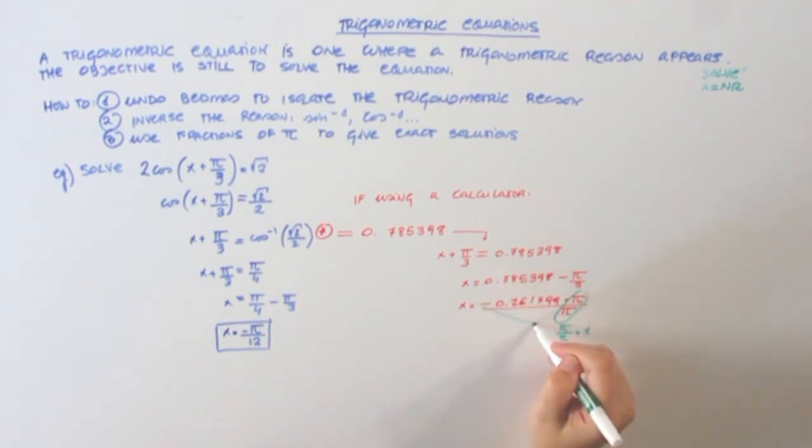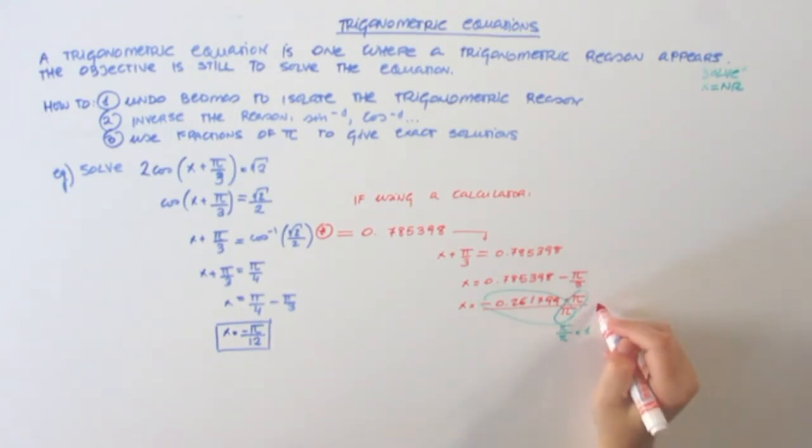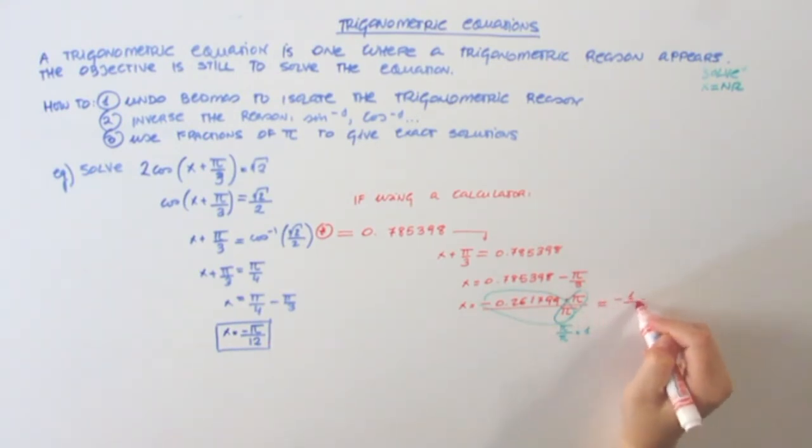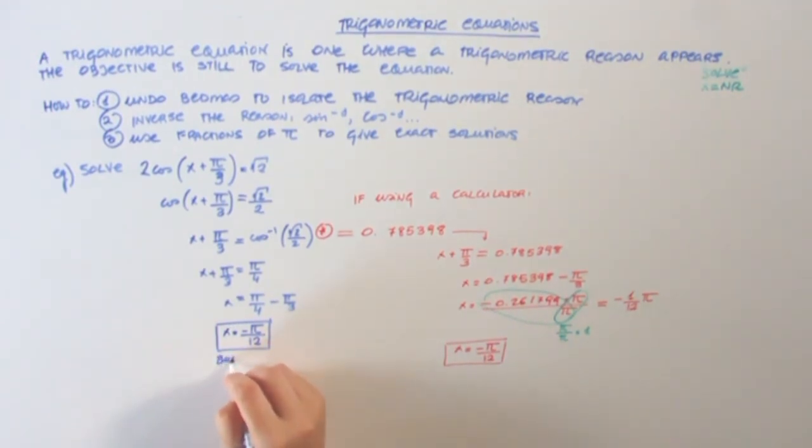What you do is you divide the decimal value that you got over pi. That will give you a fraction of pi, which will be the exact solution. In our case, we go to x equals minus 1/12 of pi, or x equals minus pi twelfths, which is the exact same place where we arrived when we did it in our heads.